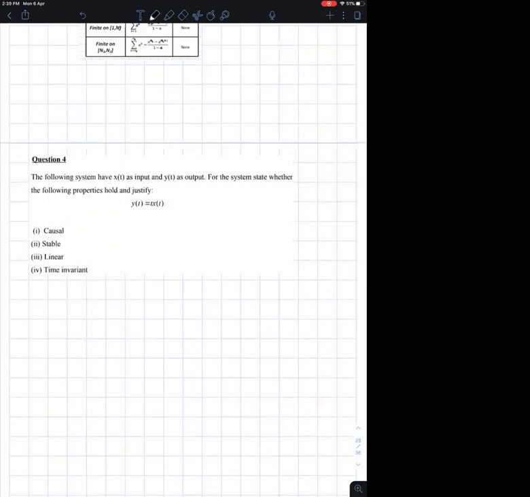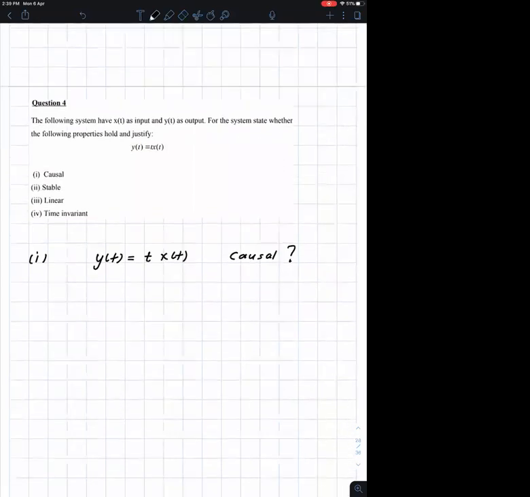Causal: y(t) equals t x(t). Is it causal? First we define causality.